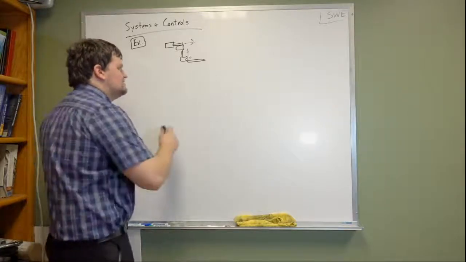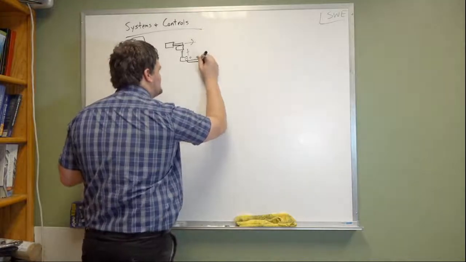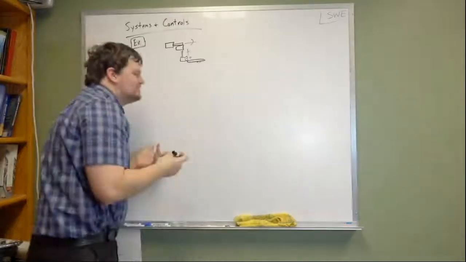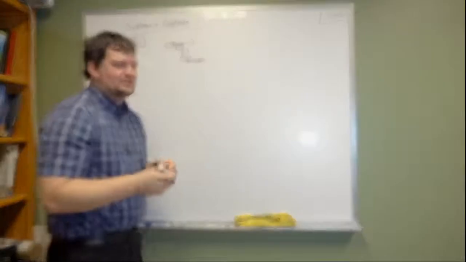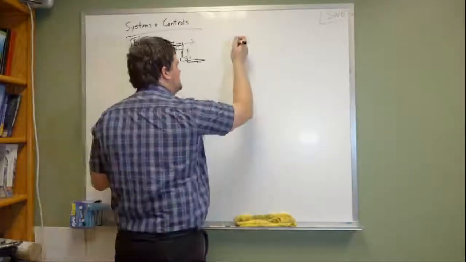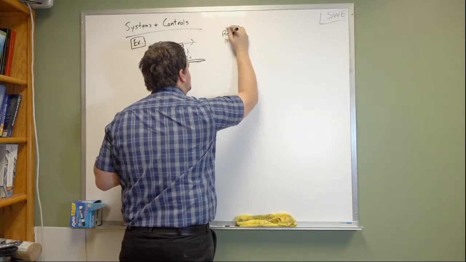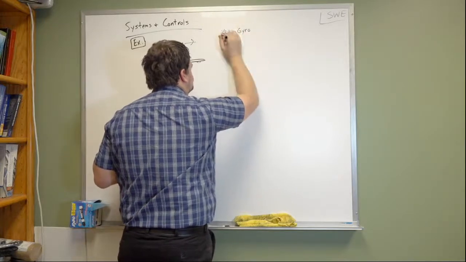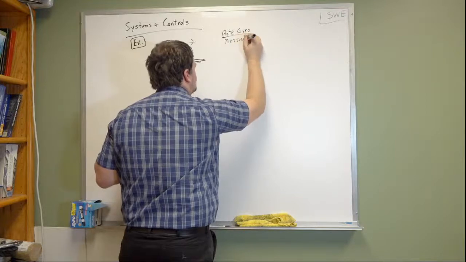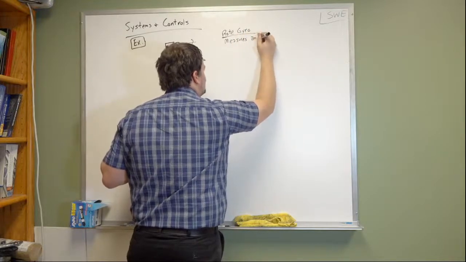Now the idea here is that you will have a rate gyro sensor that is placed somewhere on the plate. It measures angular accelerations.